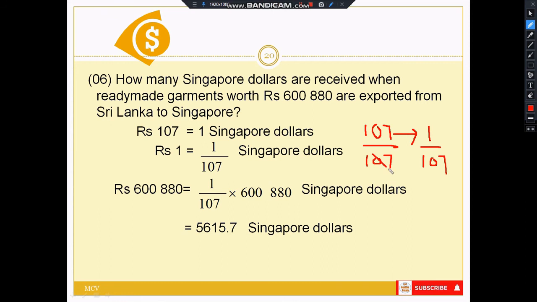So 1 rupee is equal to 1 over 107 Singapore dollars.